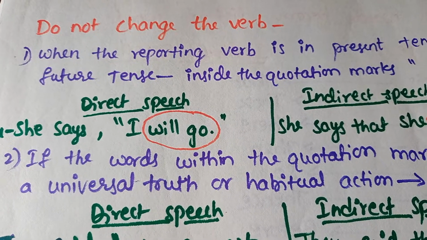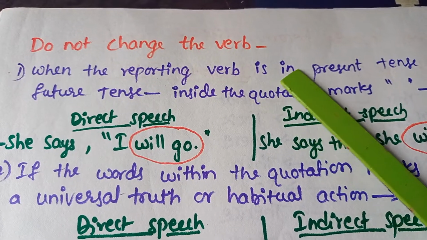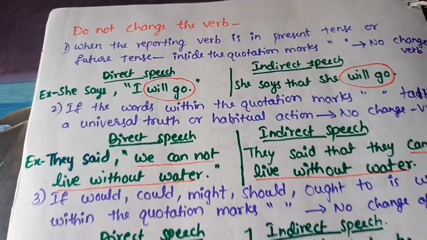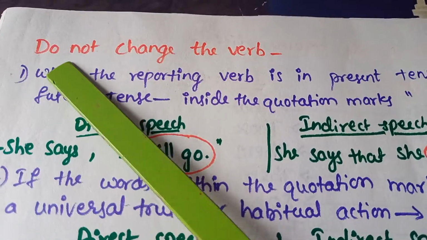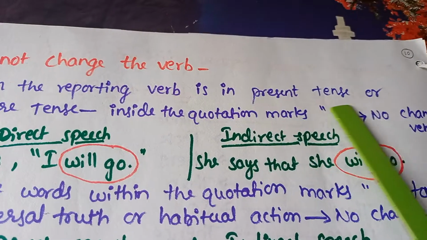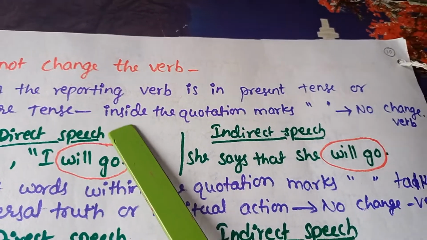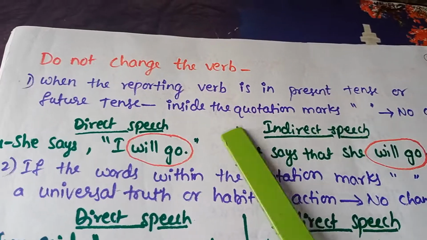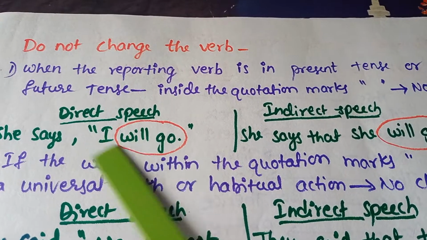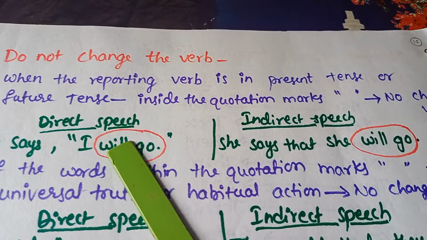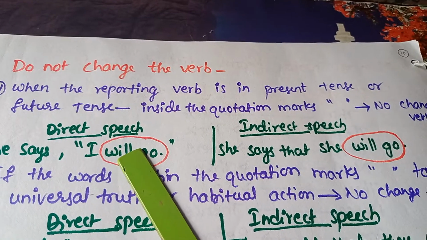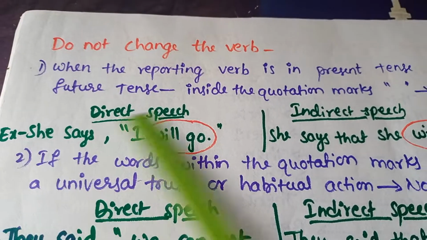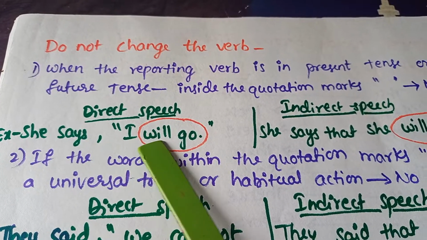In some situations, when we change direct speech into indirect speech, we should not change the verb. There are three conditions given here. First, when the reporting verb is in present tense or future tense, there is no change of verb inside the quotation marks. Example: in direct speech, she says, "I will go."